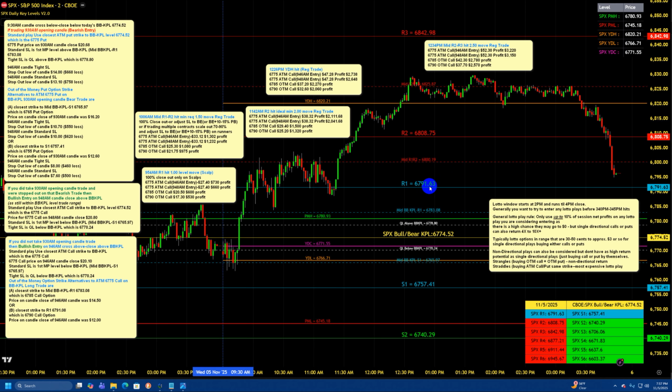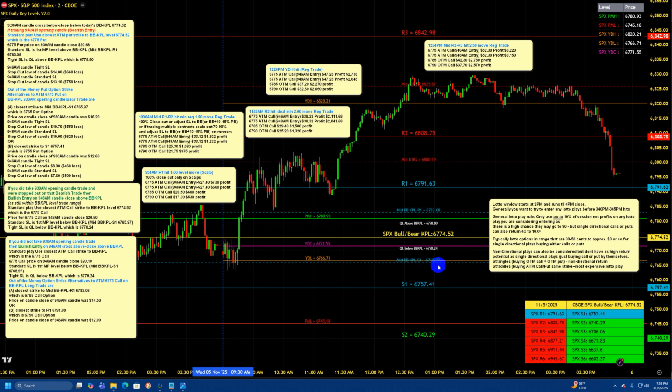For the out of the money strikes, it's pretty simple. You look in the direction that you're trading, and you look at the first midpoint above if it's a bullish trade, or the first midpoint below if it's a bearish trade. So as an example, on this particular bearish trade here on the opening candle, our first out of the money strike we can consider, we look down and we have mid BBKPLS1, which is 67.6597.